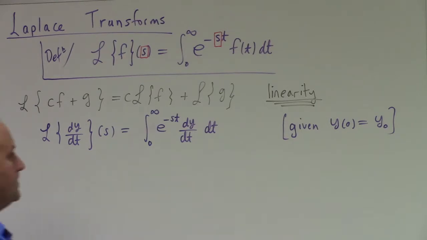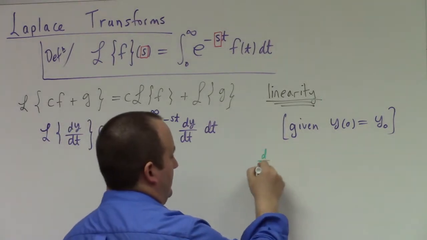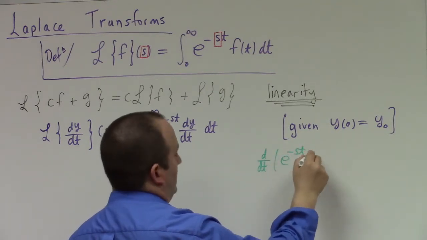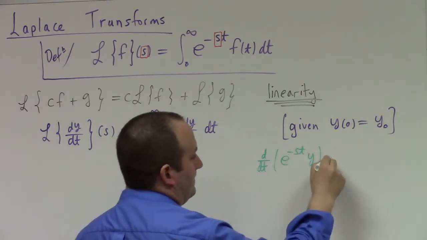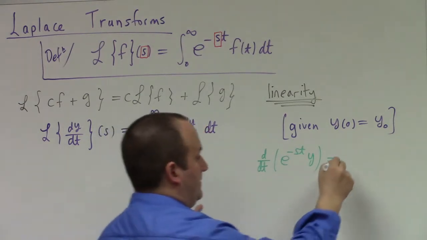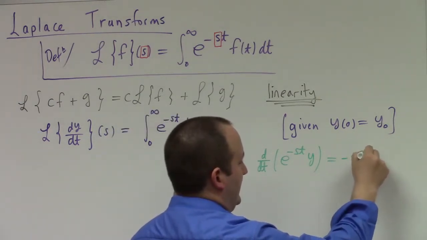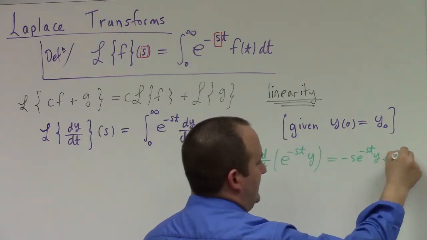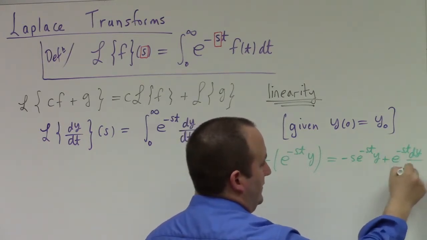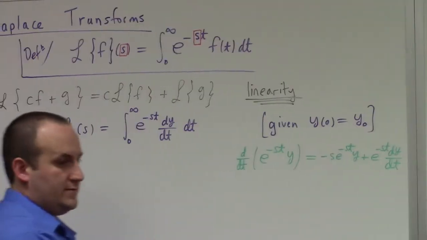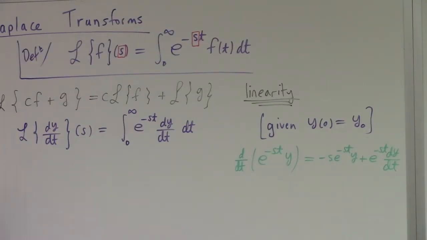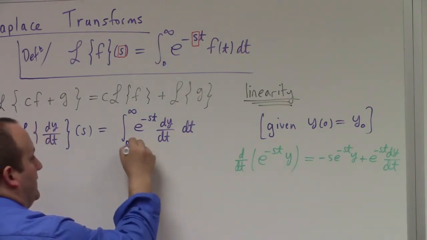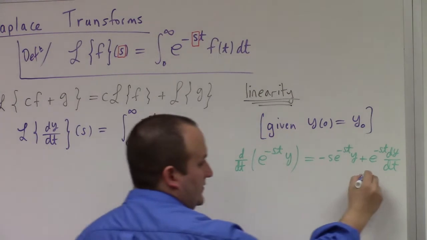Now here's the thing. If you look at d dt of e to the minus st times y, you get minus s e to the minus st times y plus e to the minus st times dy dt. Product rule. So if you look at what we have, we've got this term, which is this term.